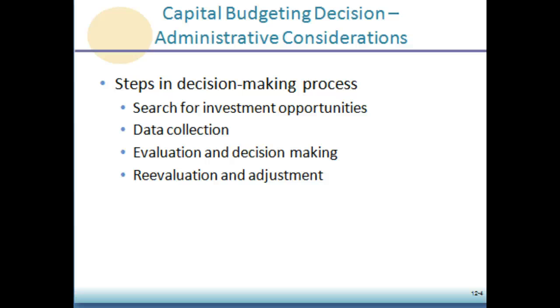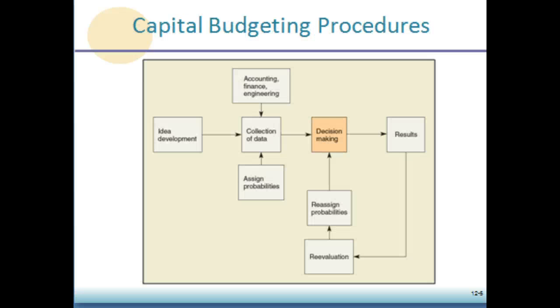The capital budgeting procedures also include search and discovery of investment opportunities, collection of data, evaluation and decision making, and reevaluation and adjustment. Let's take a look at a capital budgeting procedures flowchart and give this careful review before moving on.